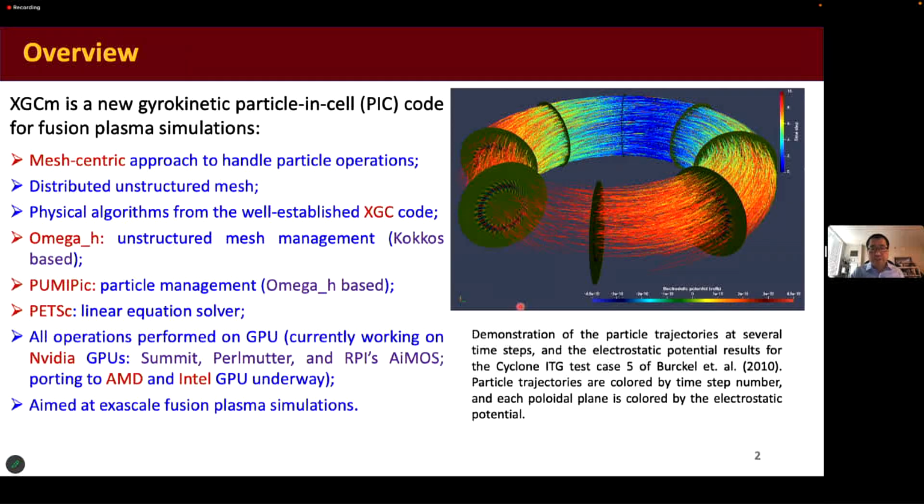You can see the 3D simulation, with particles moving inside the torus of a tokamak device, and this line is a particle trajectory. You can see the mesh on each polar plane with different quantities. For example, here I'm showing the electrostatic potential. That's the overall overview of the XGCm code.